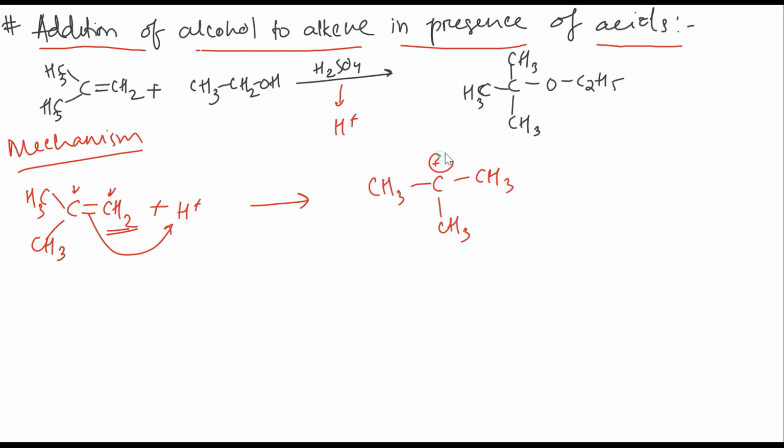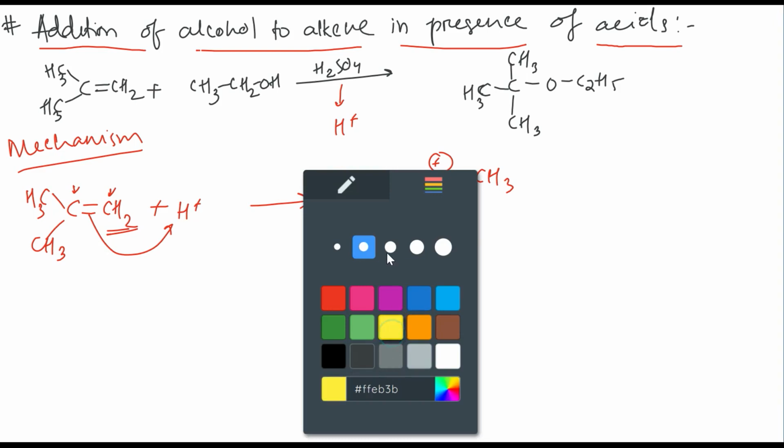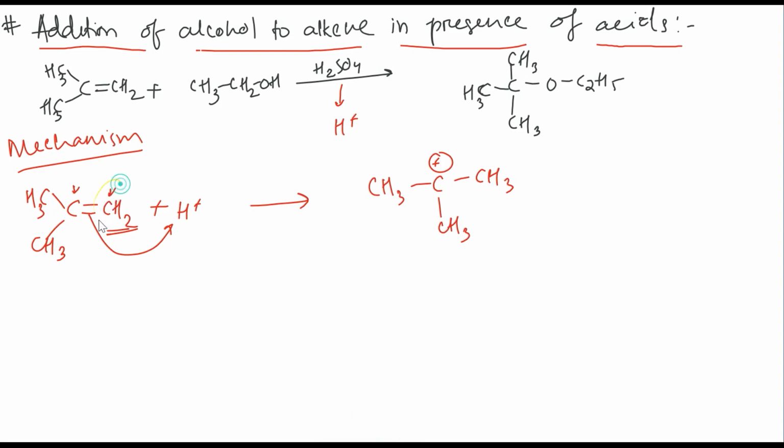But if the H plus attaches to the other carbon, there will be formation of primary carbocation. The tertiary carbocation is more stable than primary carbocation. So this H plus will be attached to this carbon.